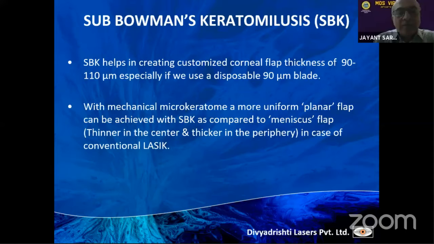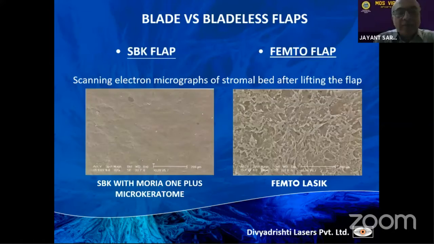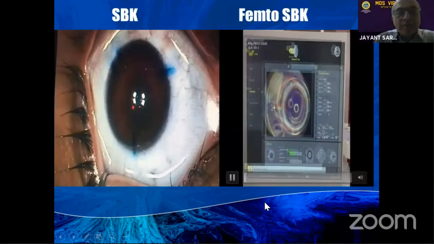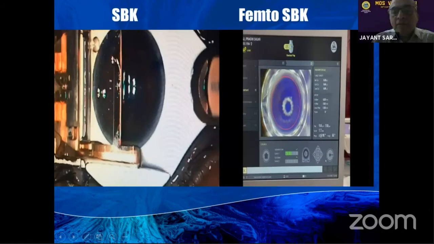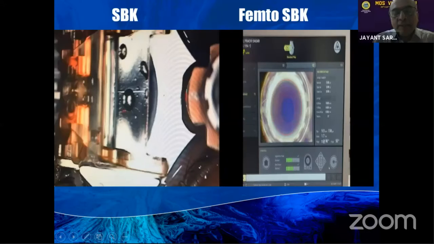It seems smoother with the mechanical one because of the spacing of the laser spots in the femto. But nowadays, with faster lasers available, this has been minimized. So these are the procedures, SBK as well as femto with an FS200 platform.